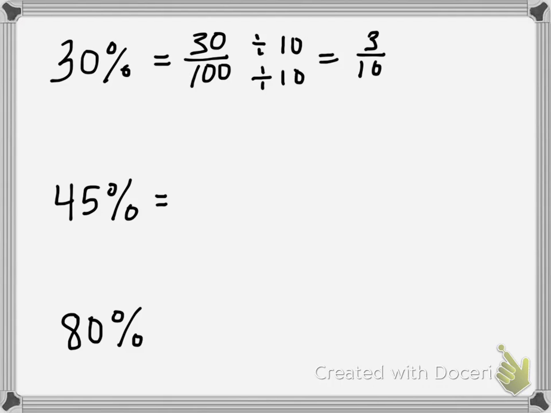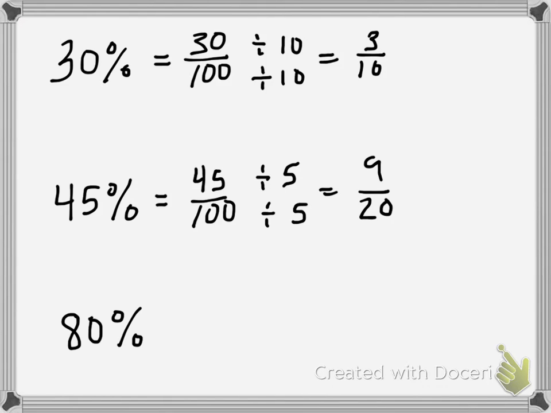Again, that literally means 45 out of 100, which I can write pretty easily. Then each of these sides, 45 and 100, they can be divided by 5. So if I do that, 45 divided by 5 is 9. 100 divided by 5 is 20. So 45% is equal to the fraction 9 over 20, or 9/20.